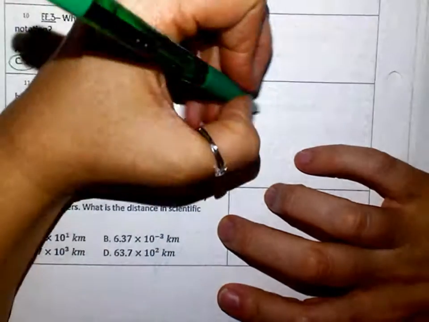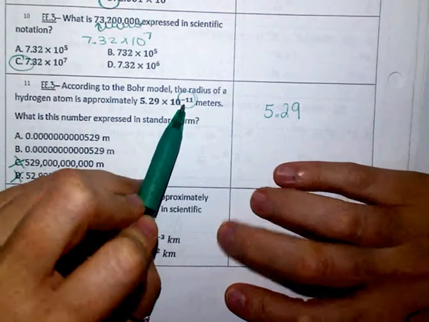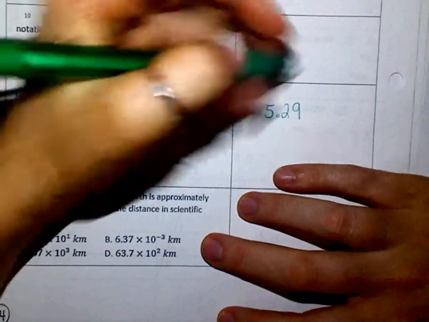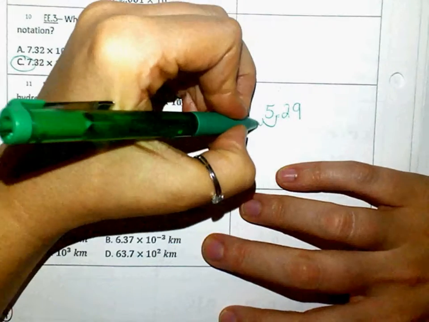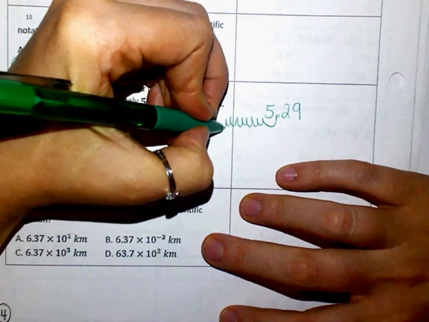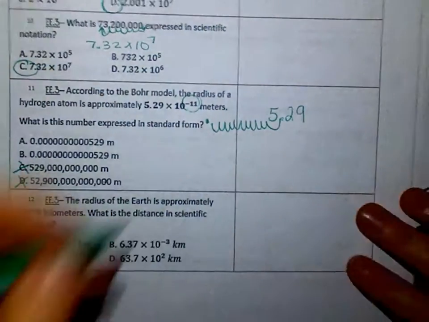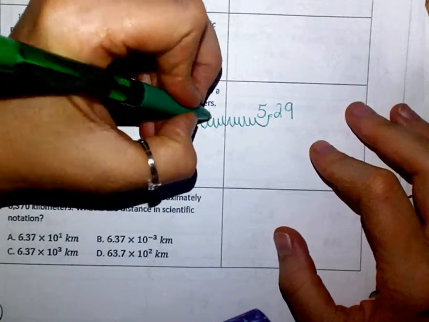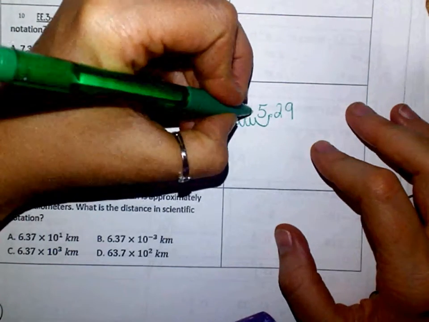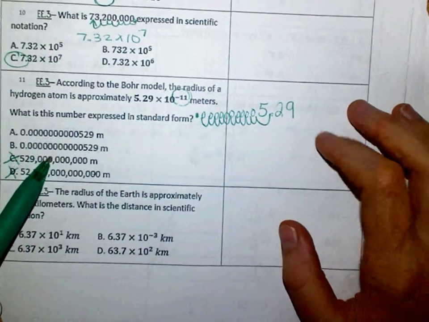So it's 5.29, and the exponent is negative 11. So that means we need to move left 11 times. So here's 1, 2, I'm going to try to make them really small. Okay. So there's only a difference by 1 zero, so you have to be careful.